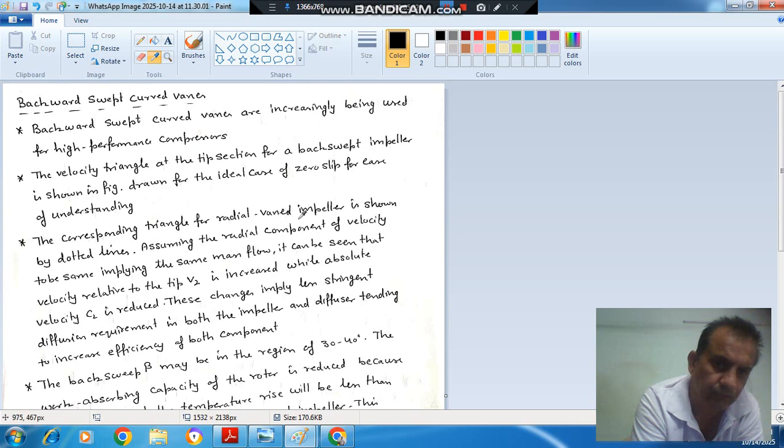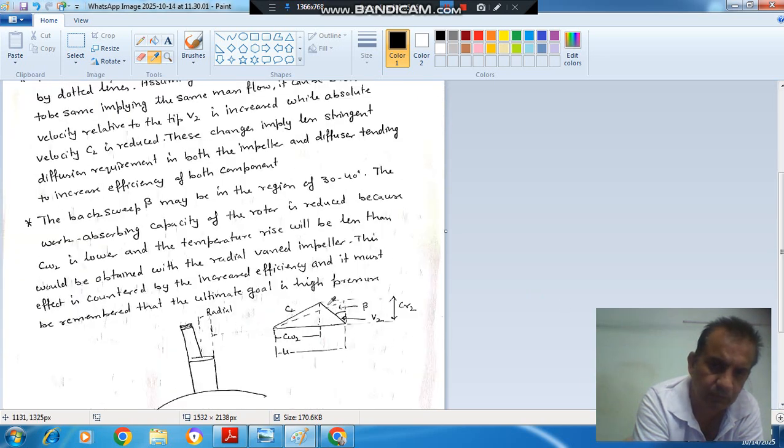Assuming the radial component of velocity to be the same, implying the same mass flow. So here we have assumed that this CR2 is the same for both the cases, when we consider radial vane and when we consider backward swept vane.